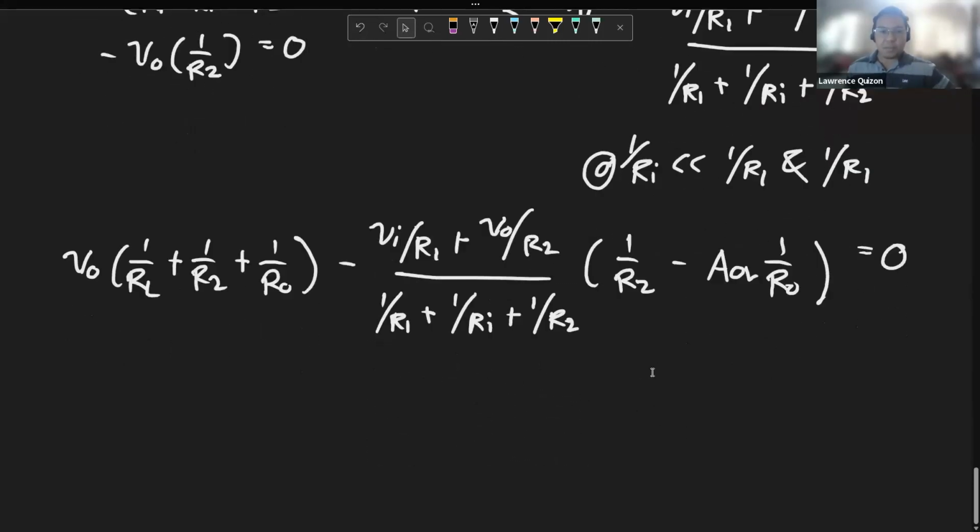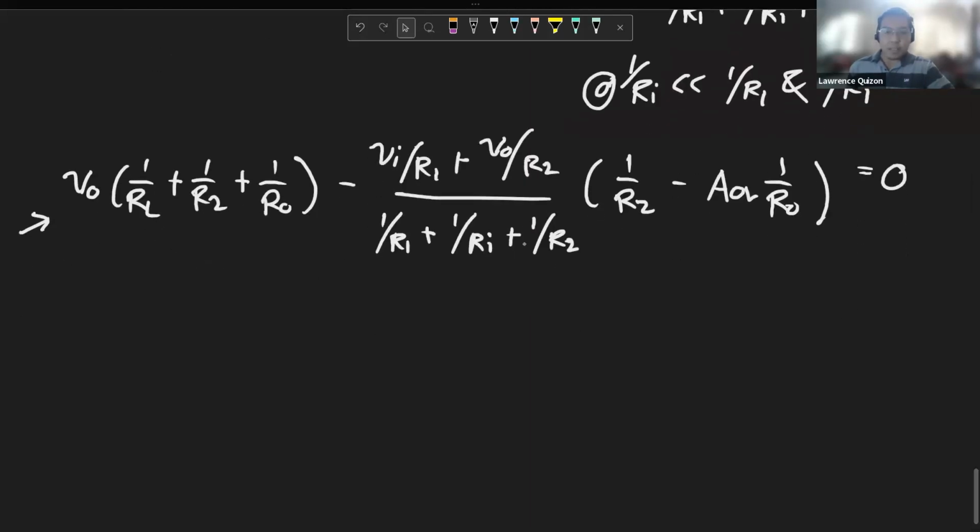Substitution. Right. And now we have an equation of V out versus V in, from which we can isolate V out over V in, and that should turn out to be a very big equation. No? So it's going to be this one.